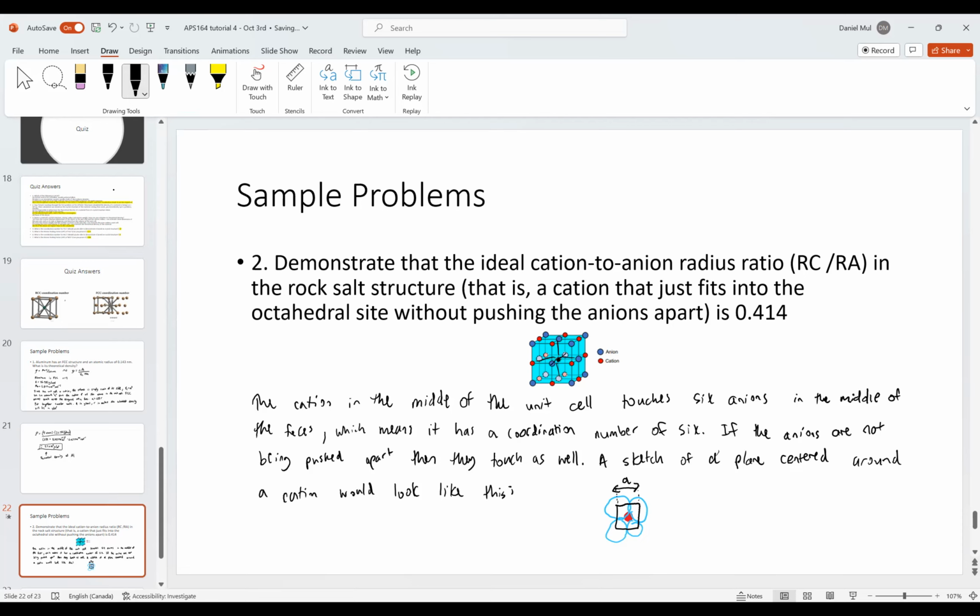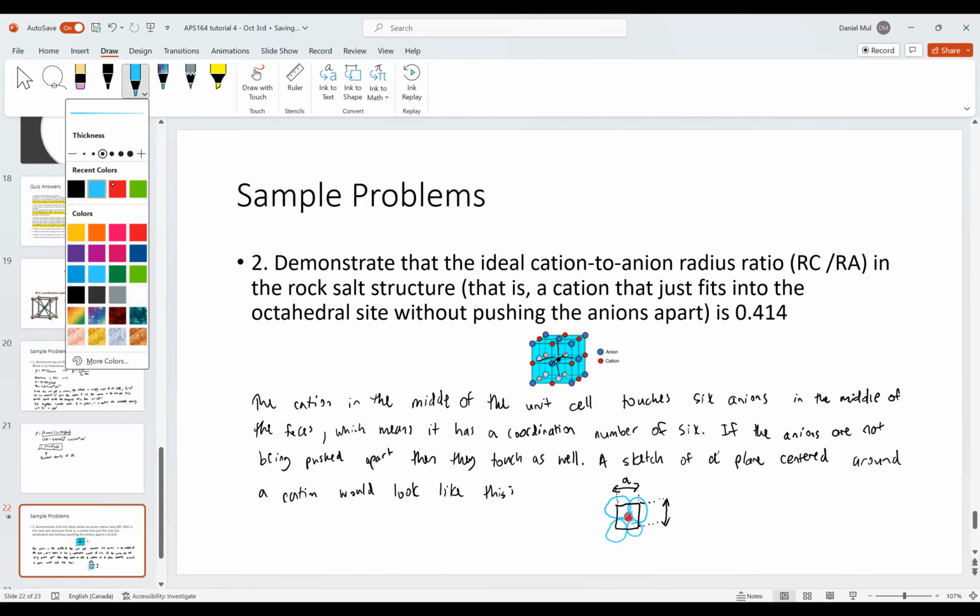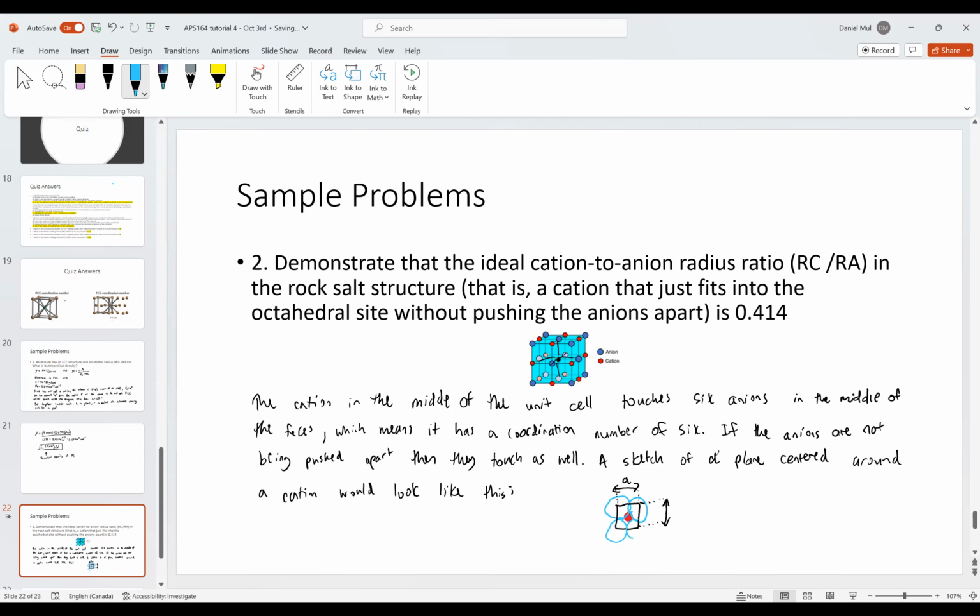But if we actually consider the radii of our anion, maybe I didn't draw this the best, but these were all the same size, then we can see that A is equal to 2RA.